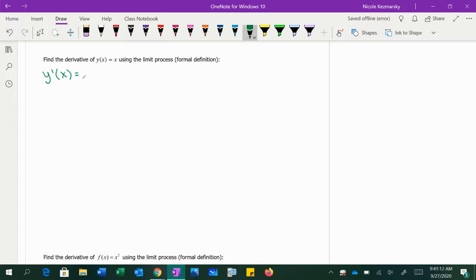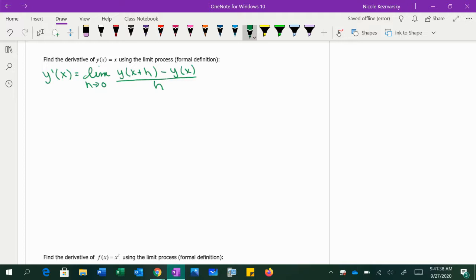The definition of the derivative says take the limit as h approaches 0 of y of x plus h minus y of x, divided by h. So that's just copying over the definition.